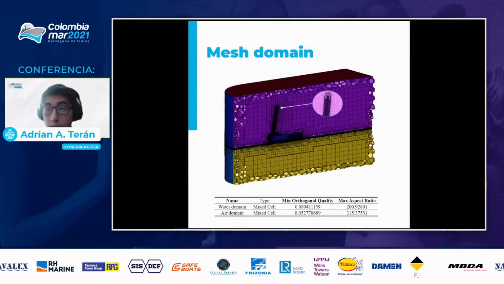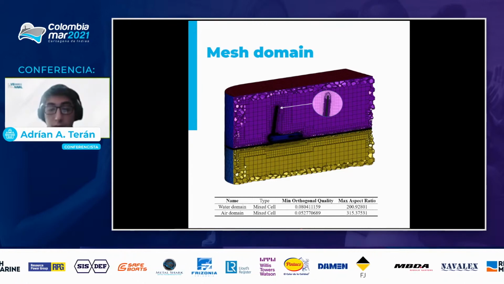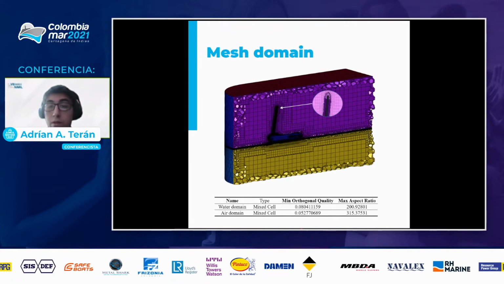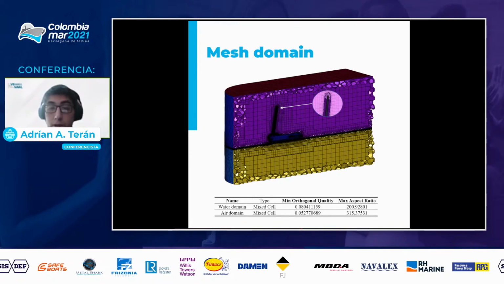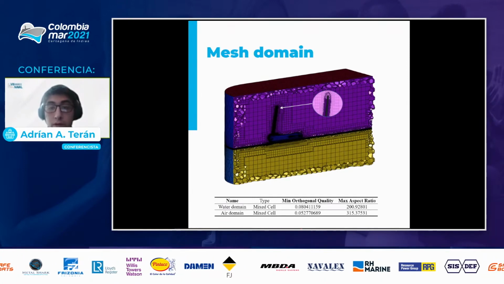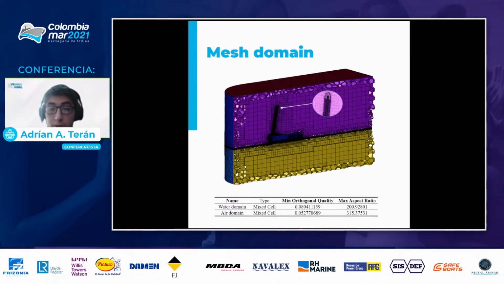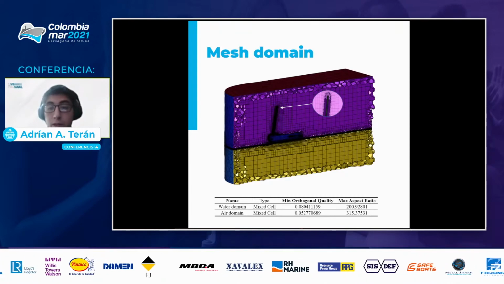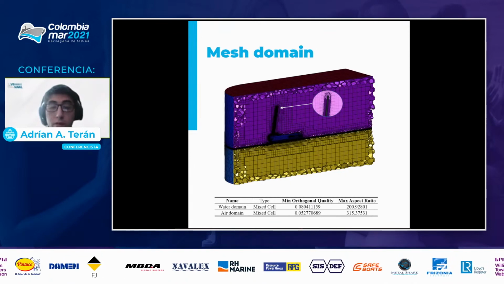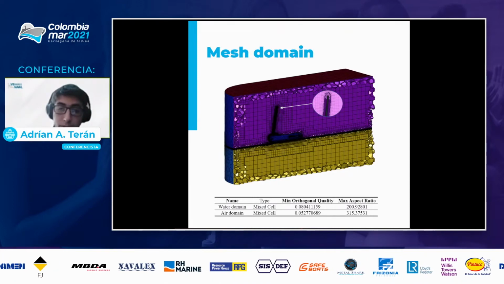And that's why the metric is low at some elements, 0.08 for water and 0.05 for air. Now, this does not mean that the design will not be satisfactory or that it cannot be carried out, but possibly we can find some errors and improvements have to be made. But given the computational conditions, we have worked with these metrics and we have achieved results that are coherent with the objectives that we're trying to accomplish.